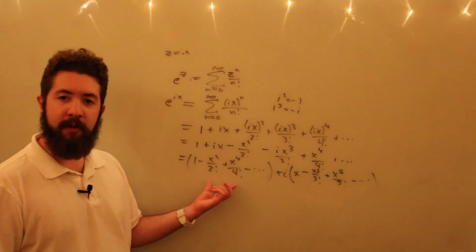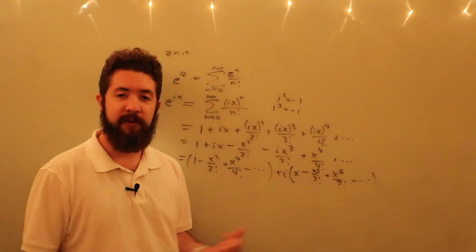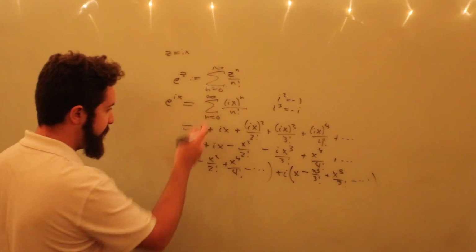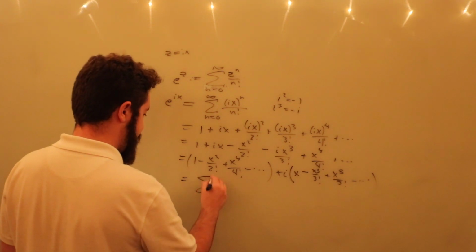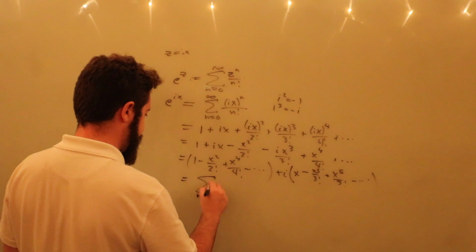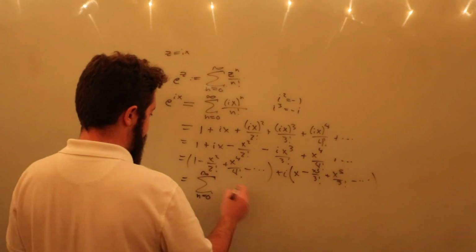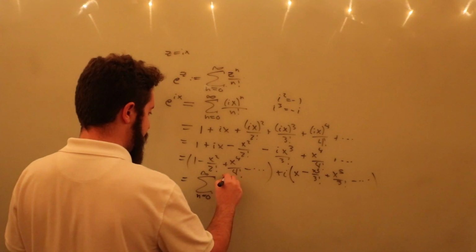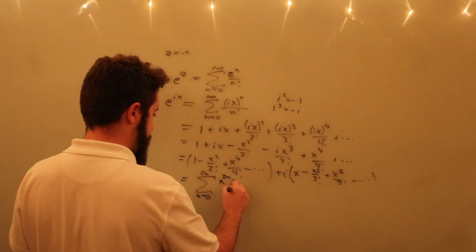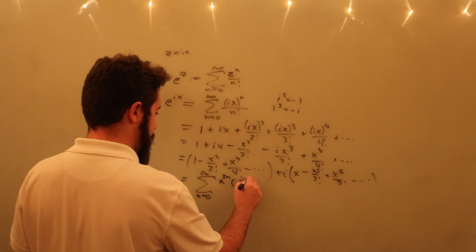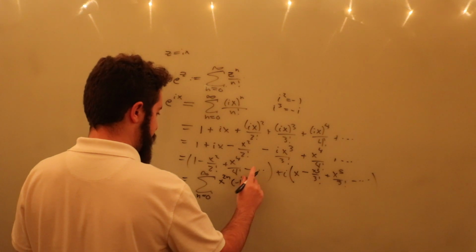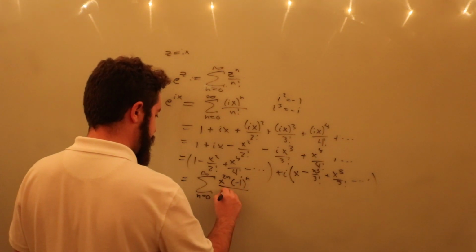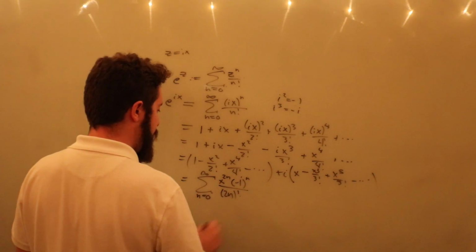Now, you may or may not recognize these, but if you've studied series at all, these are familiar to us. So let me just write it in summation form, just for completeness here. It's going to be equal to the sum from n equals 0 to infinity of x to the 2n times negative 1 to the n, all over 2n factorial.